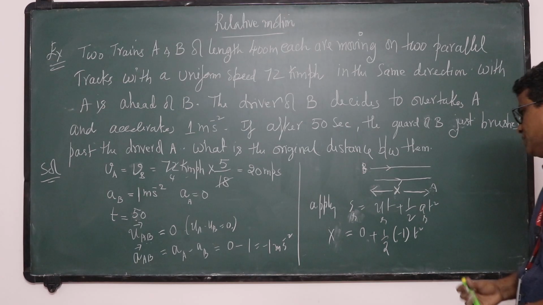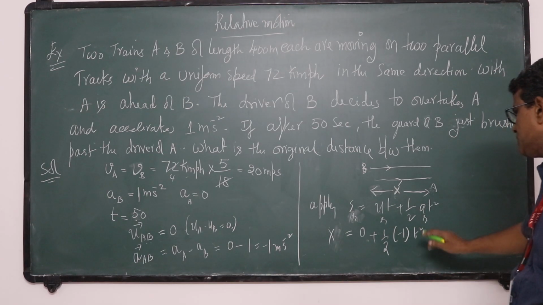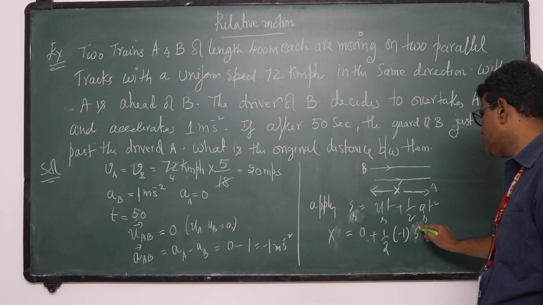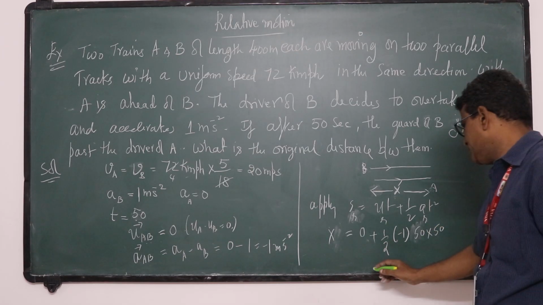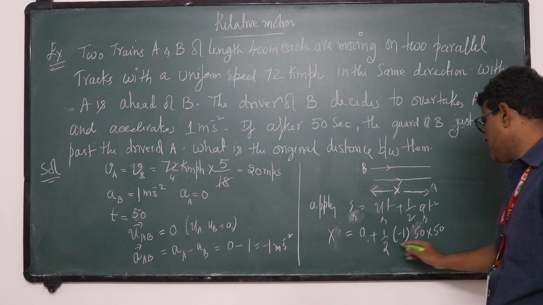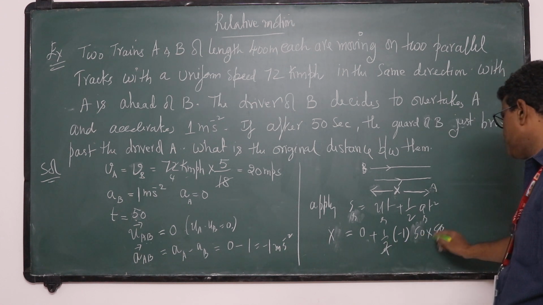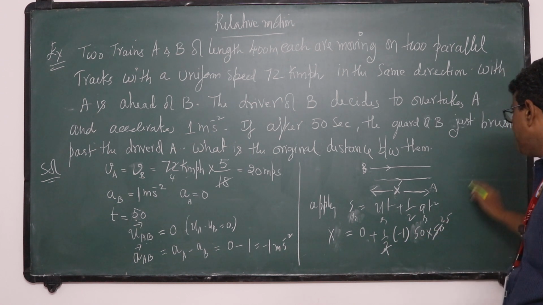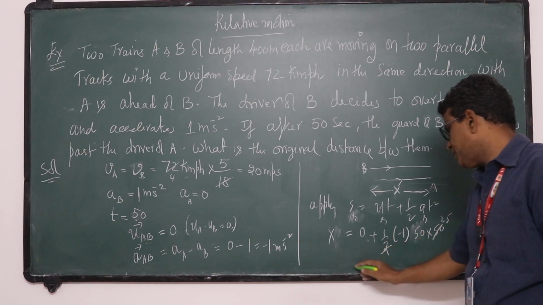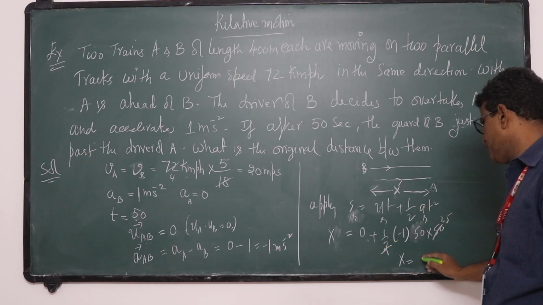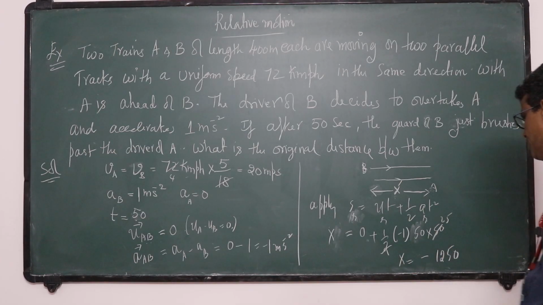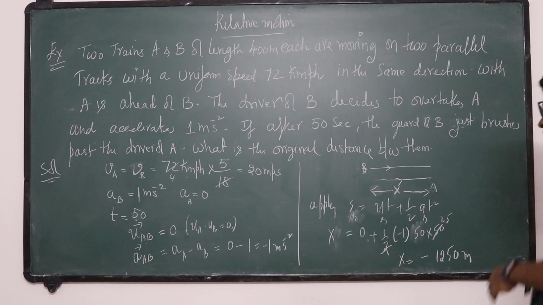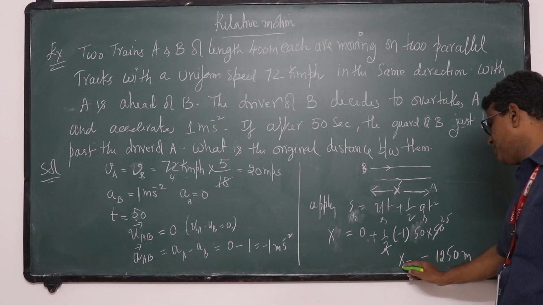So t is 50 seconds, so 50 into 50. Half of that is 25, so 25 into 50, I think 1250. So x is equal to minus 1250 meters. What is this separation of A with respect to B?